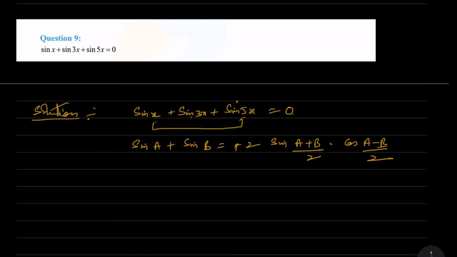So applying the formula you get 2 sin of x plus 5x by 2 into cos of x minus 5x by 2, plus sin 3x is equal to 0.